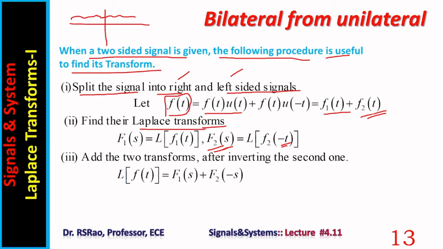As it is, F2 of t is left-sided. When you consider F2 of minus t, then it becomes a right-sided signal. So, unilateral transform can be applied without any difficulty. Third step is add the two transforms after inverting the second one. This addition results in the Laplace transform of the original signal f of t.